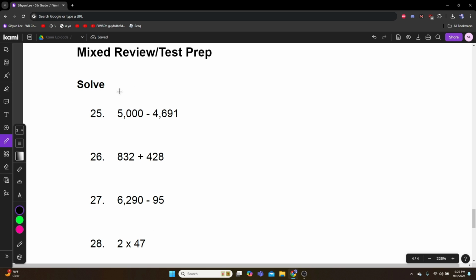Mixed review and test prep. So to solve for these, we subtract these two numbers, so 5,000 minus 4,691, where you could solve for this through subtracting like this. So 0 is smaller than 1, 10, and then we subtract 10 minus 1, 9.